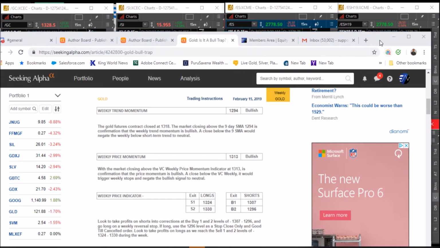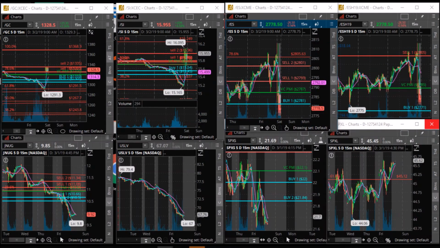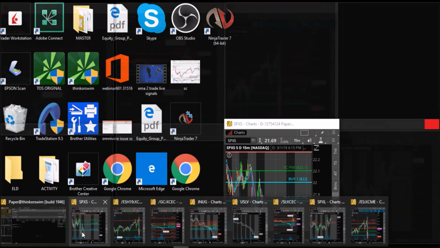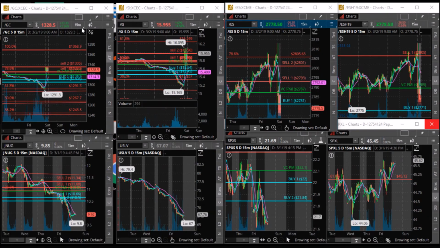If we look at the chart in gold, it came right down into $1291.30.